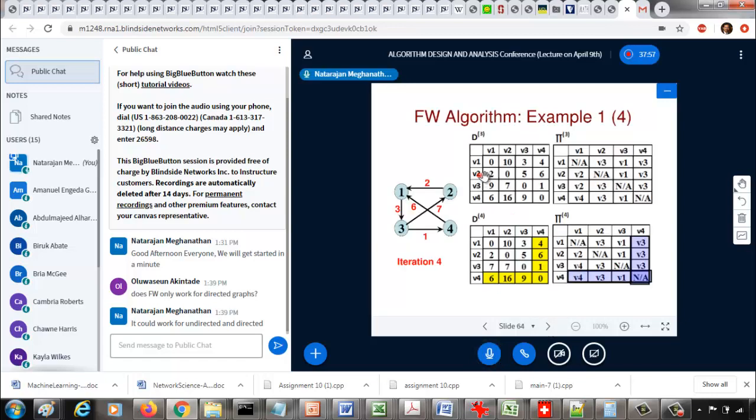Then in the 4th iteration we are able to reduce that distance from 9 to 7 by considering vertex 4 as a possible intermediate vertex. So when I say the distance from vertex 3 to vertex 1 is 7, that means we have considered, at the end of the 4th iteration, all possible combinations, either vertex 1, or vertices 1 and 2, or just vertex 2, or vertices 1, 2 and 3, or just vertex 3, or vertices 2 and 3, or all possible combinations of vertices 1, 2, 3 and 4.